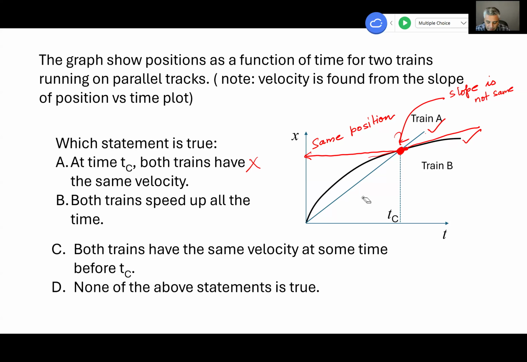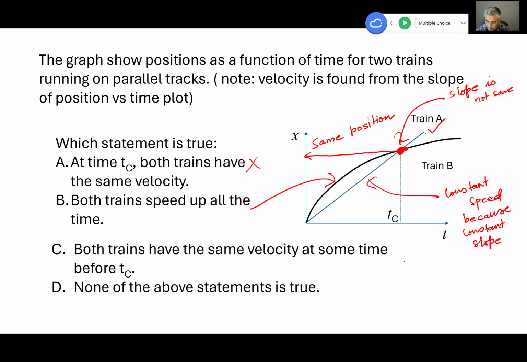Both trains speed up all the time. See, train A has a constant speed. One slope. Here, what's happening? Is slope increasing or decreasing for line B?